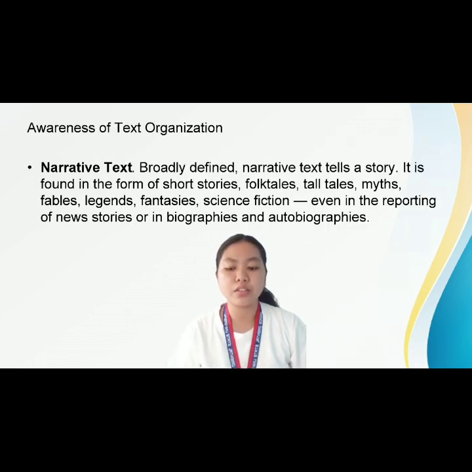Awareness of text organization. Narrative text is found in the form of short stories, folk tales, tall tales, myths, fables, legends, fantasies, science fiction, even in the reporting of news stories or in biographies and autobiographies.